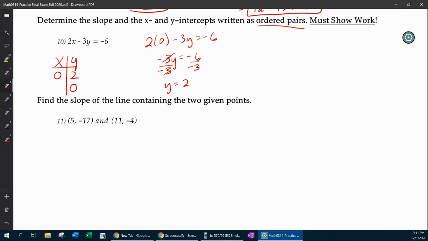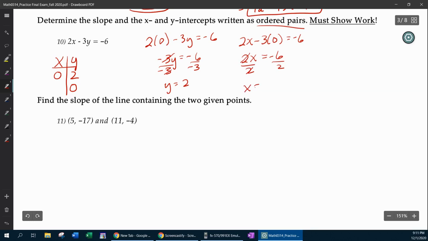Okay, one down, one to go. Now we're going to let y be 0. And 3 times 0 is 0. And 2x minus 0 is just 2x. And then if I divide both sides by 2, I'm going to have my x-intercept.